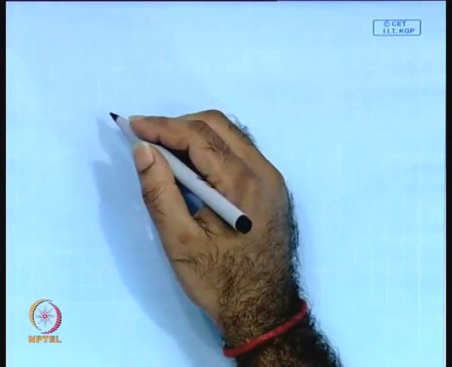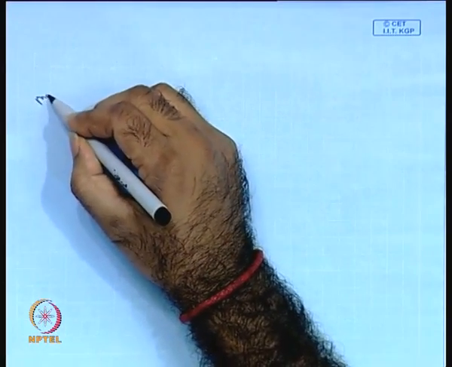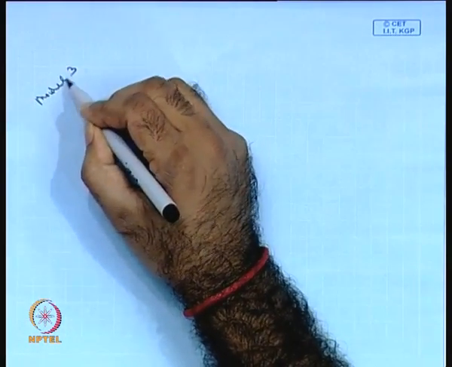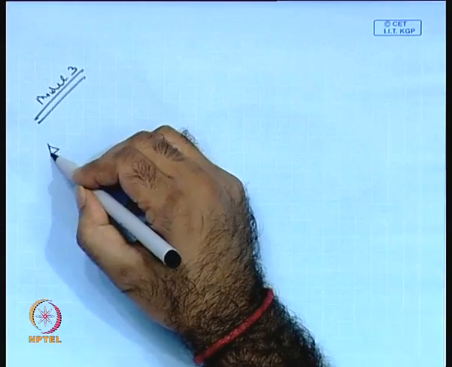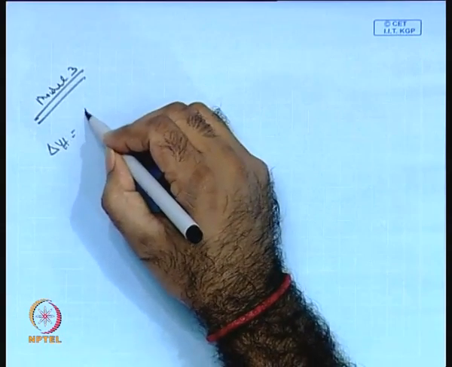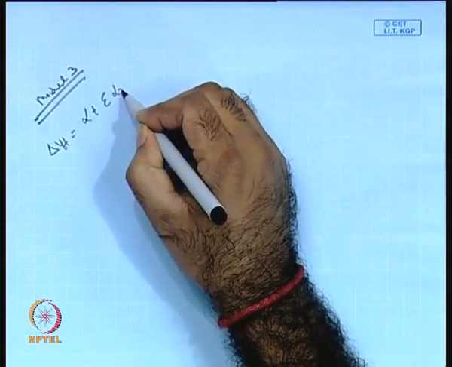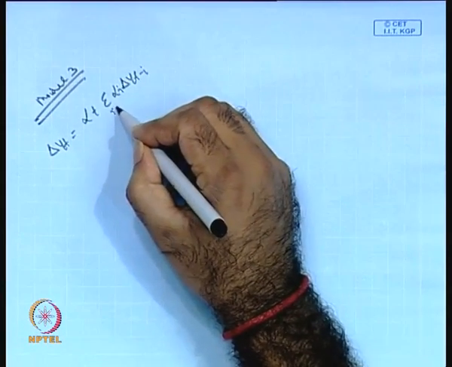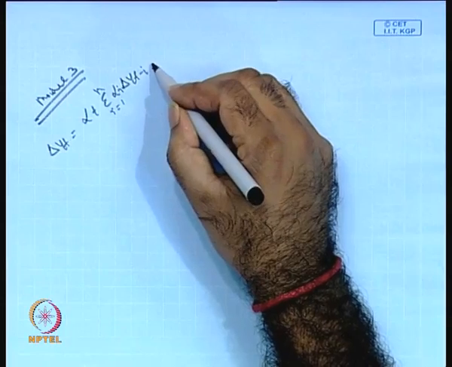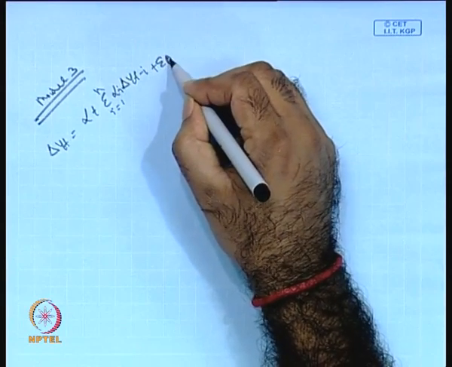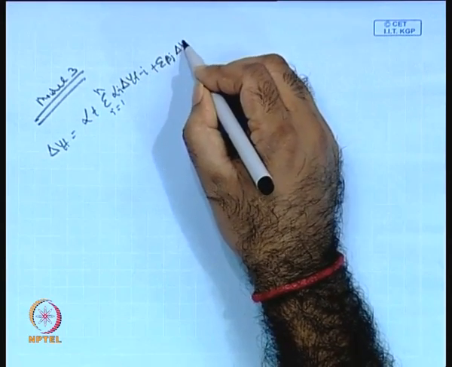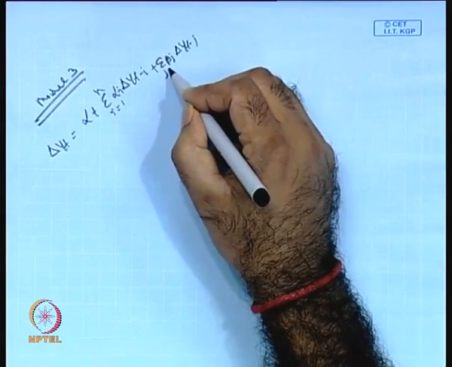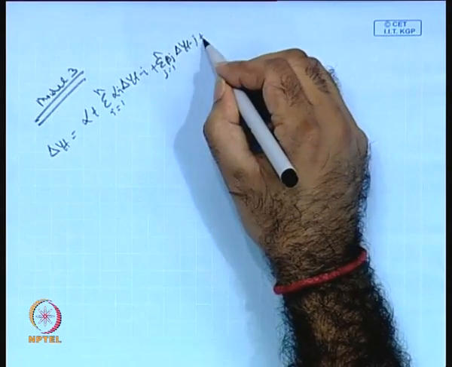There is another model, so we can write it this way, model 3. Model 3 is, I can simply write delta yt equal to alpha plus summation alpha i delta yt minus i, i equal to 1 to n, plus summation beta j delta yt minus j, j equal to 1 to n, plus ut.